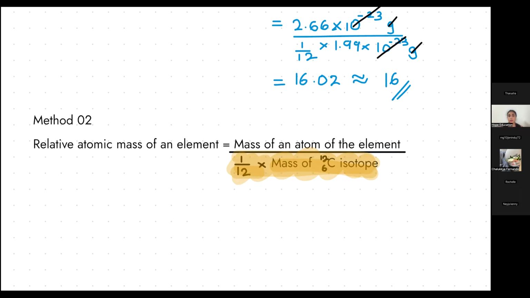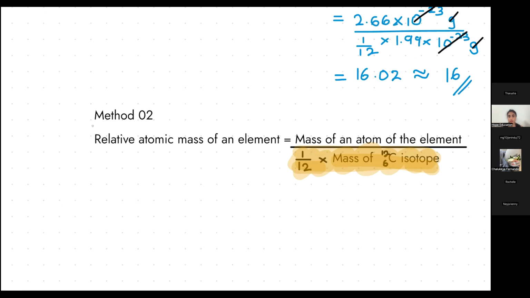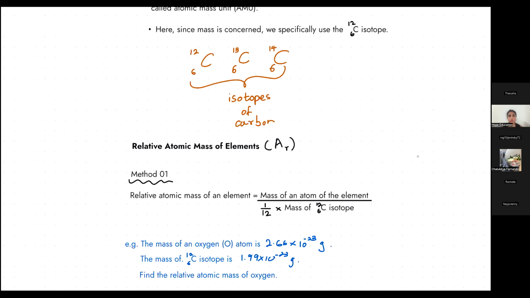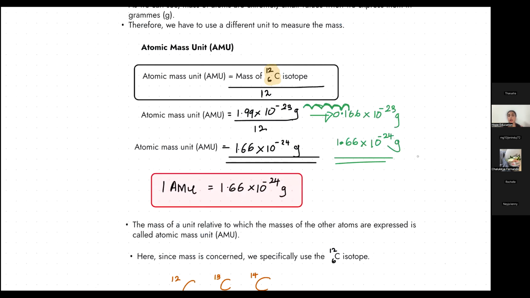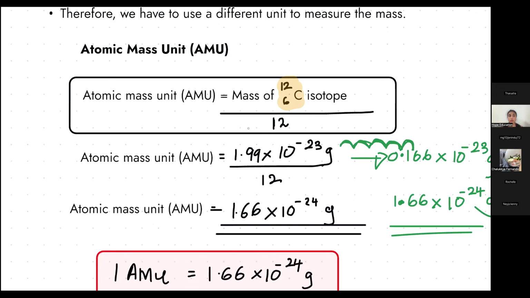So, do you remember here we learned something like this? Highlight and focus on 1/12 of mass of carbon-12 isotope. In other words, mass of carbon-12 isotope divided by 12. Let's go up. Look at this one. Mass of carbon-12 isotope divided by 12 is equal to atomic mass unit.